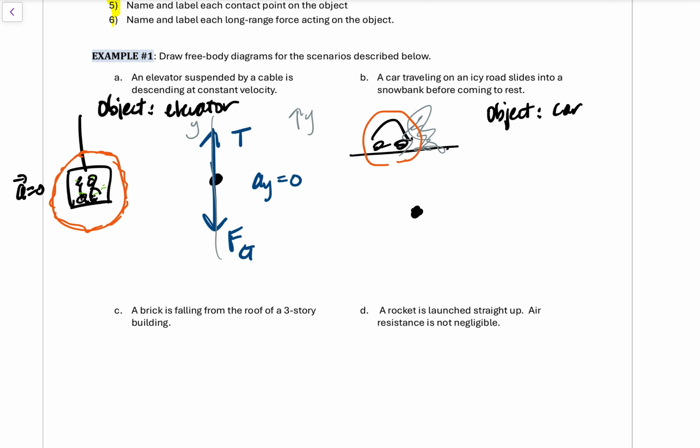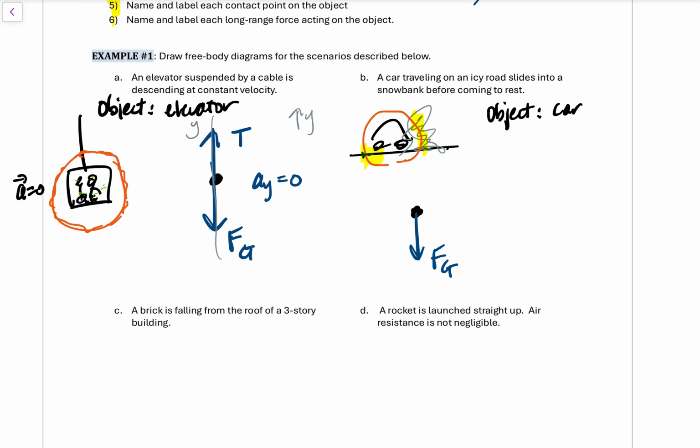So we always have the gravitational force. I'm going to go ahead and throw that force vector in here, always directed down. Then I want to think about any other points of contact. What are things that are crossing that boundary, the little bubble I made around my car? We have two things: the road is crossing that boundary, and the snowbank is crossing the boundary.